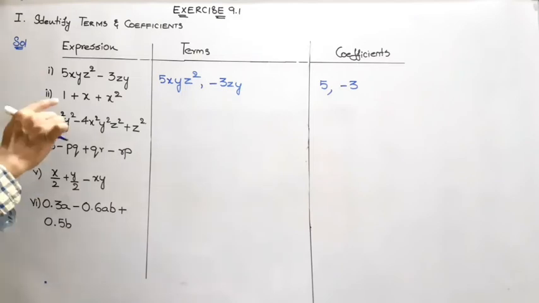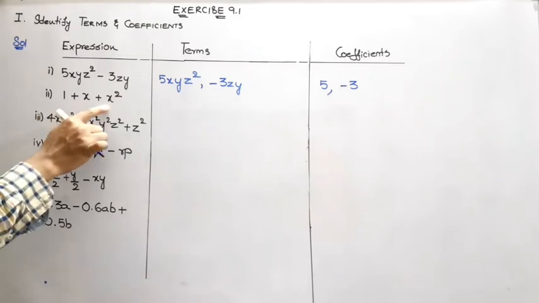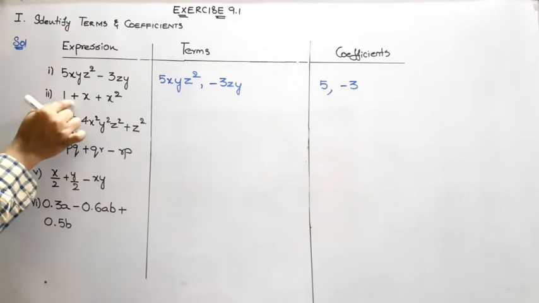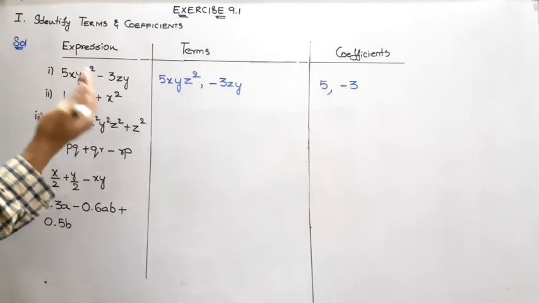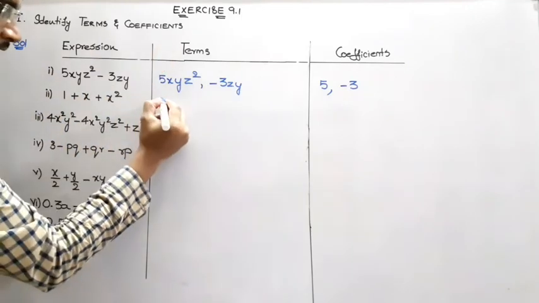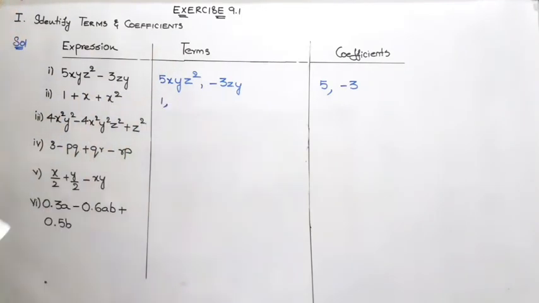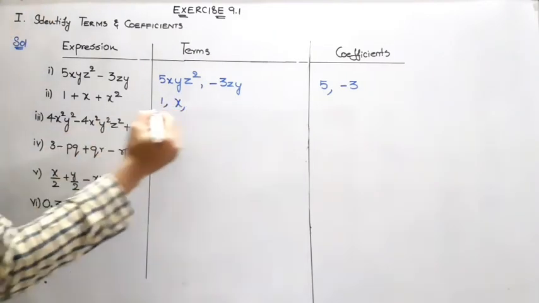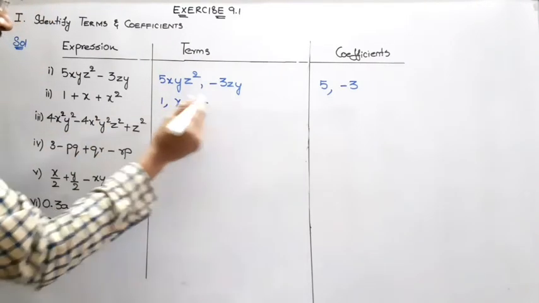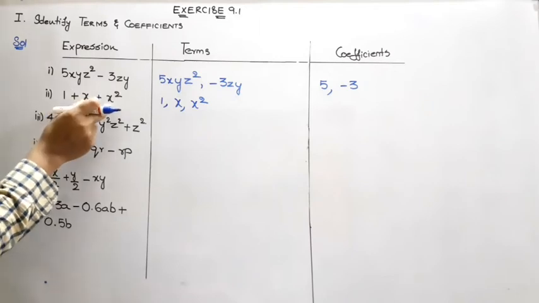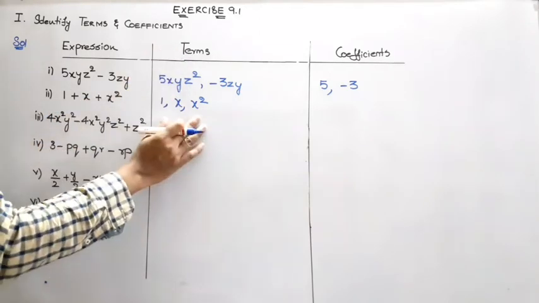Now moving to the second one. Look, here we have 1, x and x square separated by plus. The individual terms which were separated by this plus or minus we call terms. So what are the terms now? 1, x, x square. Even we have to consider numerical terms also. Please don't think that only variable terms will be considered as terms.